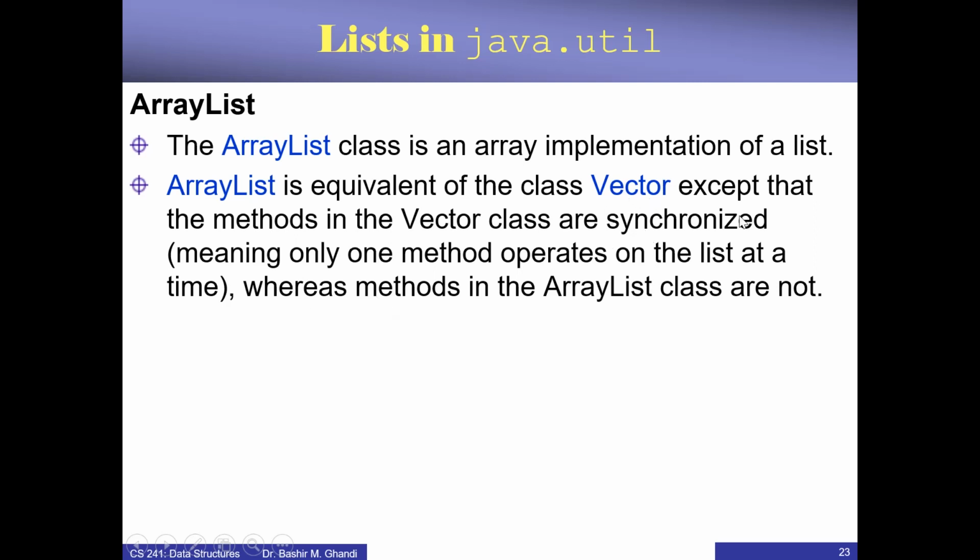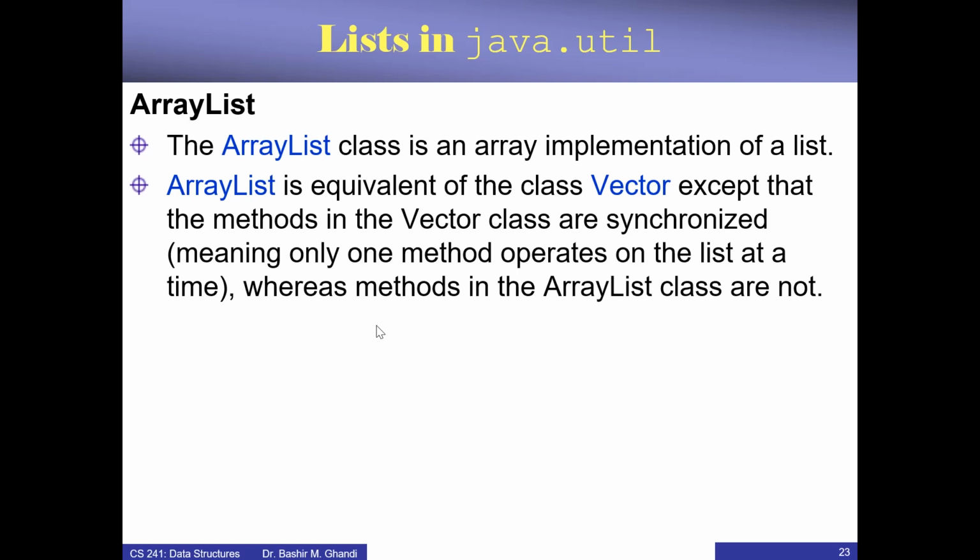What does synchronized mean? ArrayList is equivalent to the class vector, except that the methods in the vector class are synchronized. Synchronized means only one method operates on the list at a time. The idea is you could have more than one process trying to access your data structure at a time.